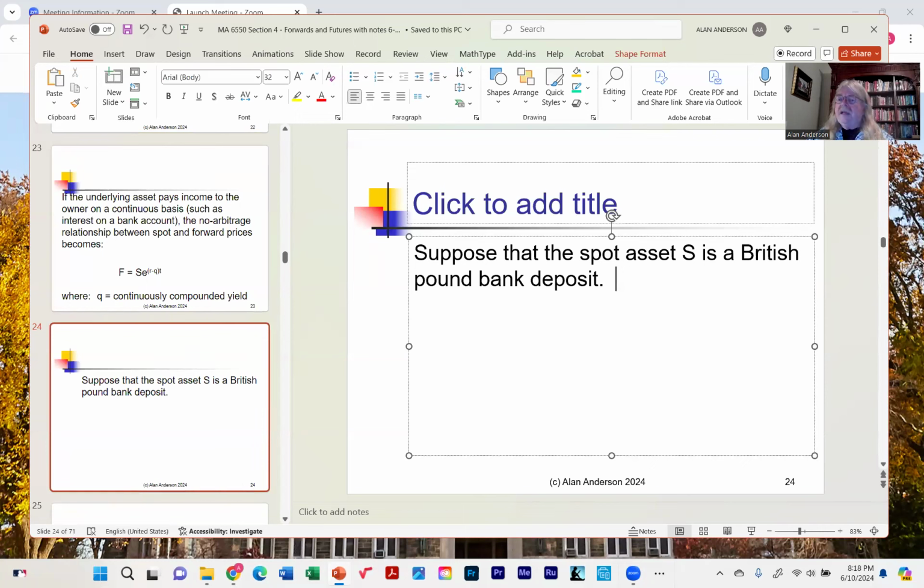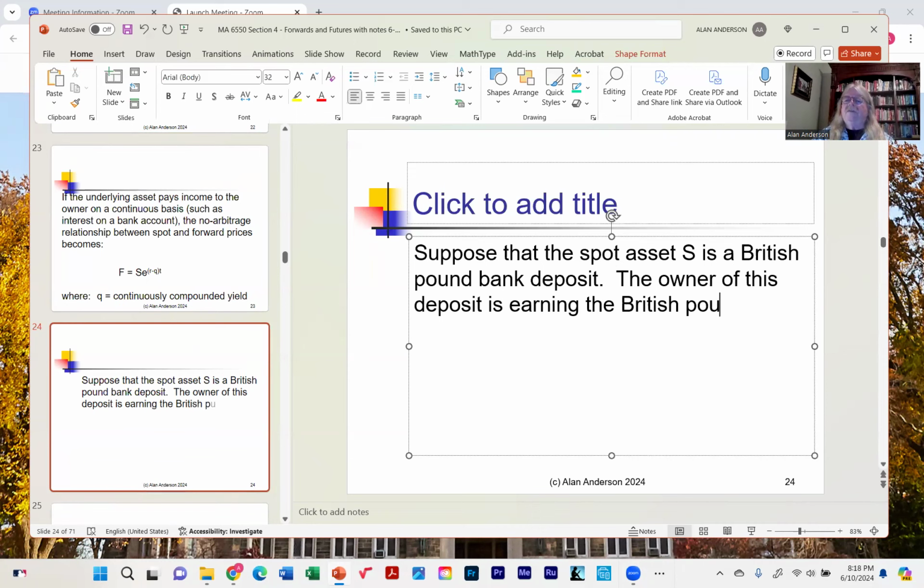Well, I'm going to be paid the British rate of interest, not the American rate, because they're pounds. I'll be paid the British rate of interest, whatever that happens to be. And so the owner of this deposit is earning the British pound rate of interest, whatever it happens to be. And by the way, this type of thing is thought to be risk-free. We're earning these interest rates in a very special market.